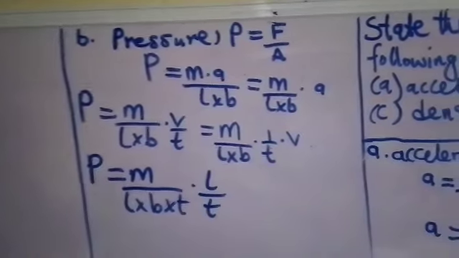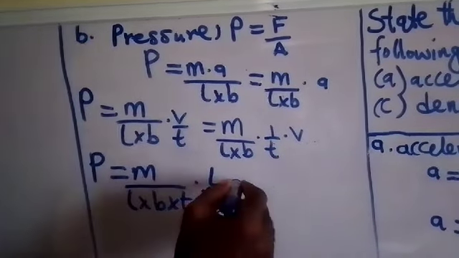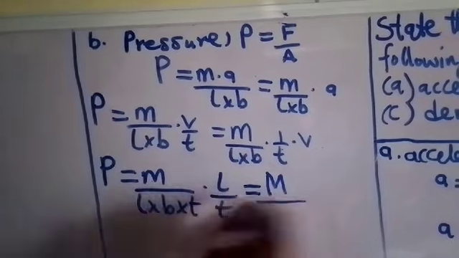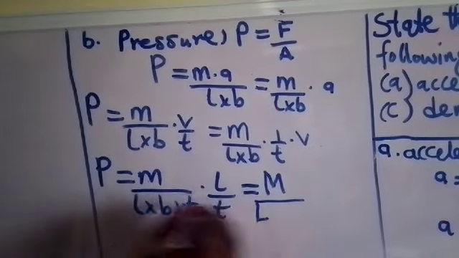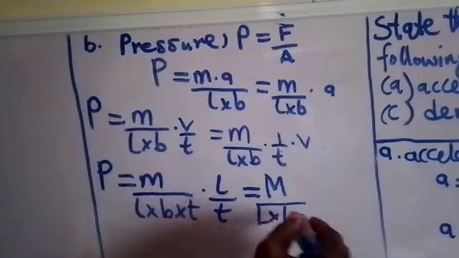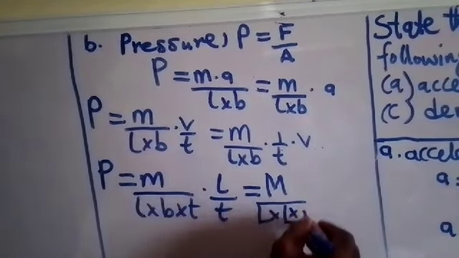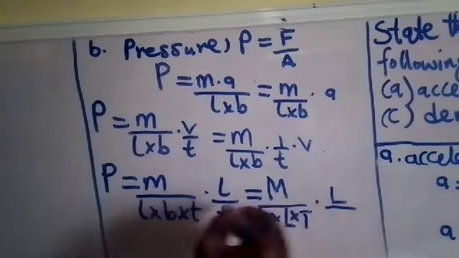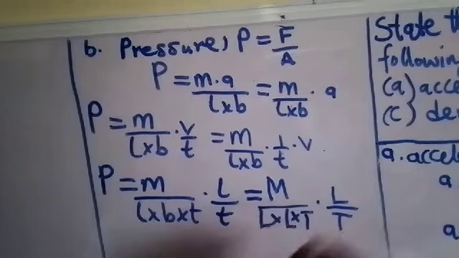What do we do next? Anywhere we see M, we change it to capital letter. Wherever we see L, capital letter. Wherever we see breadth, which is another length, capital letter L. Time is capital letter T.